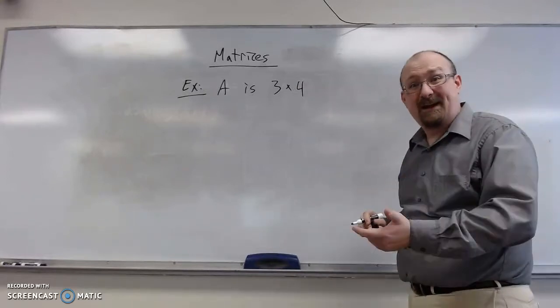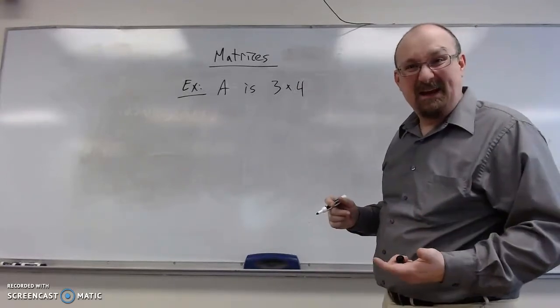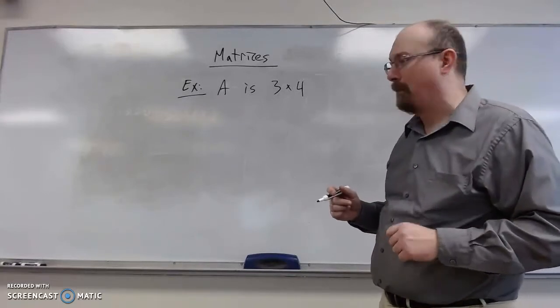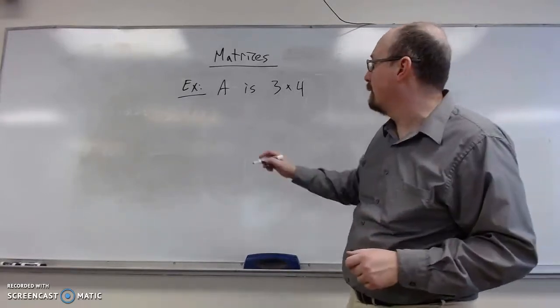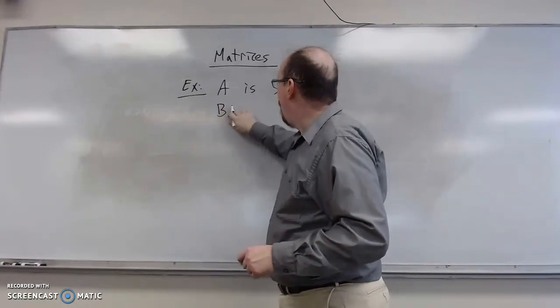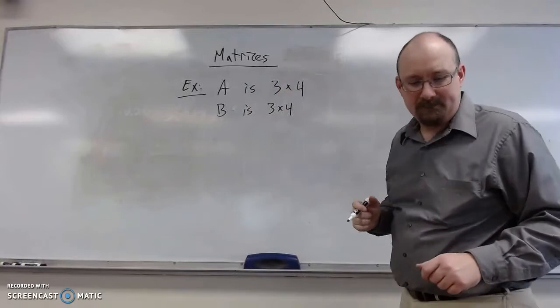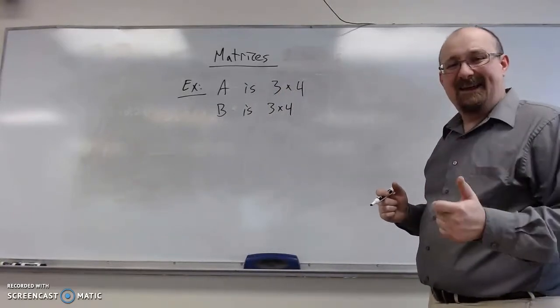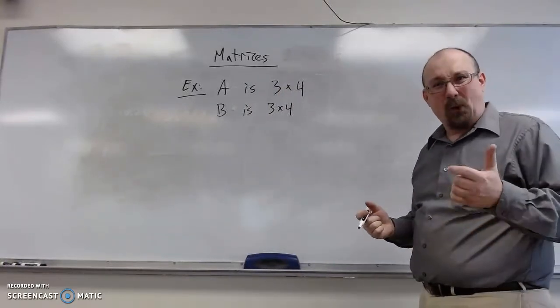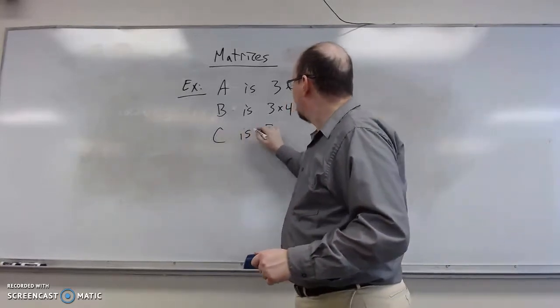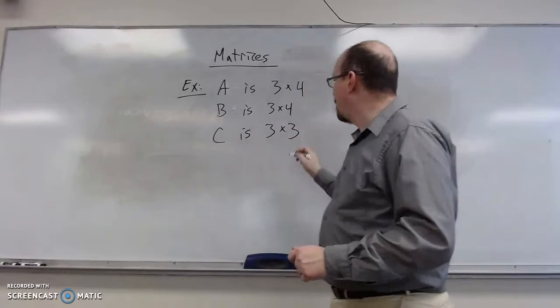You look at the matrix B coming after it, same deal. Like I said, again, I'm taking for granted you've got the example problems from the notes file sitting there in front of you. B also has 3 rows and 4 columns. When you get to C in the back, it's short 1 column. It still has 3 rows, but it only has 3 columns.